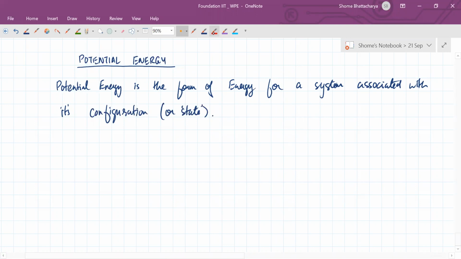So this is the important thing here, that it is a form of energy which is associated with configuration.